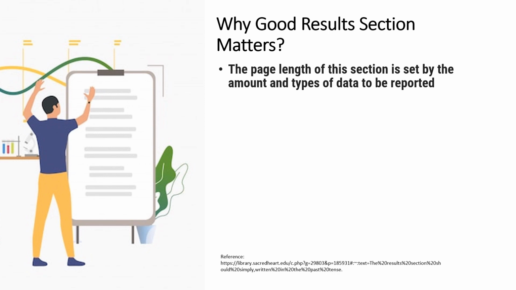In deciding what data to describe in your results section, you must clearly distinguish material that would normally be included in a research paper from any raw data or other material that could be included as an appendix. So raw data can be included as part of the appendix.